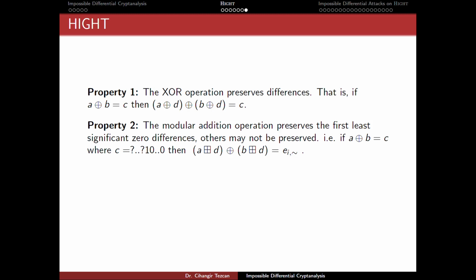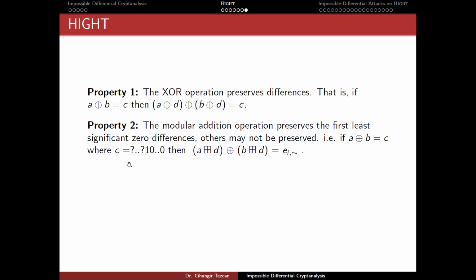Now the question is how this difference is affected by modular addition. The modular addition operation preserves the least significant zero differences. Others may not be preserved. So assume that A XOR B is C, but C has some zero differences at the rightmost bits, and there's a 1 here, then the beginning part is something else.